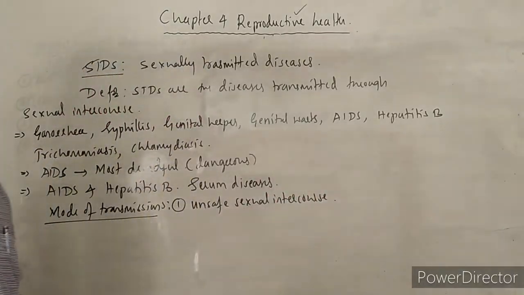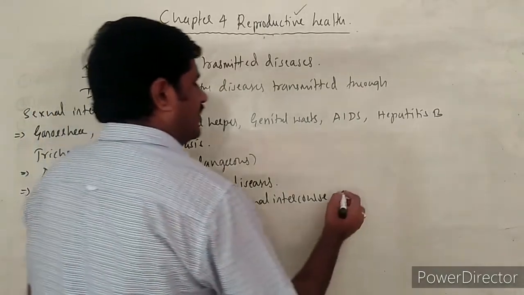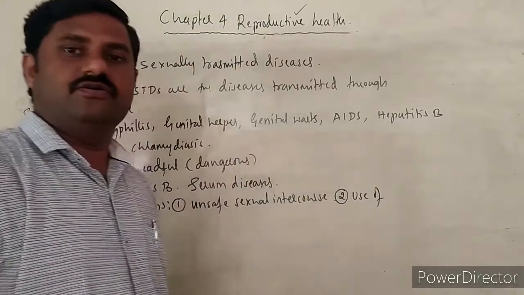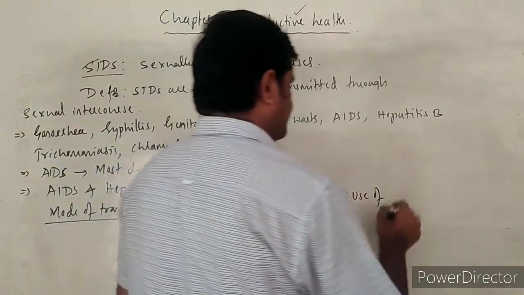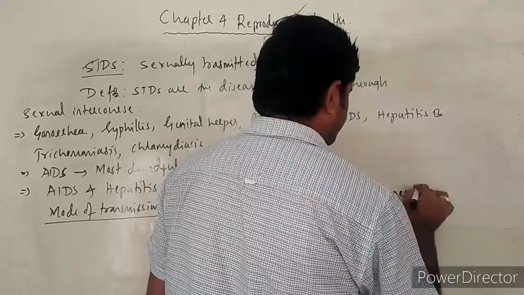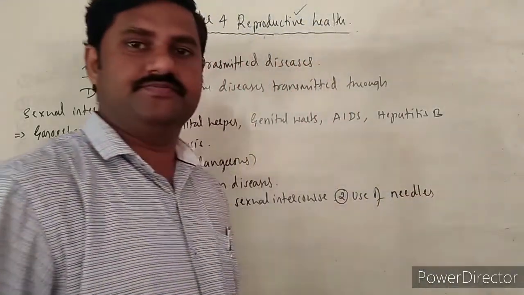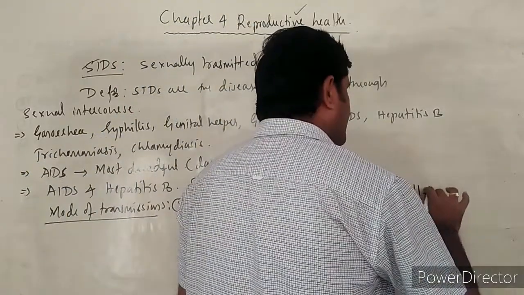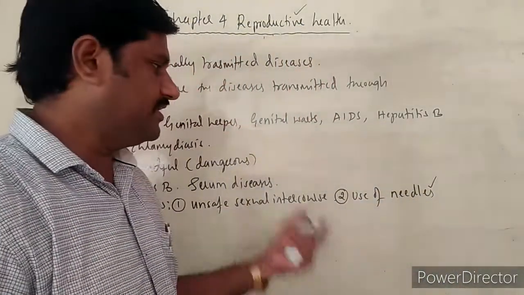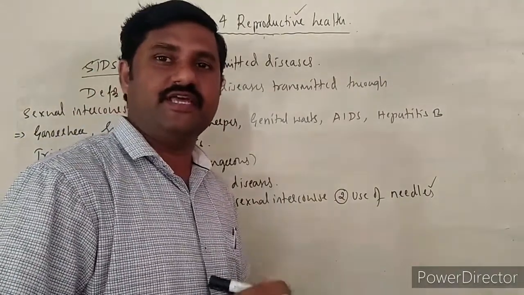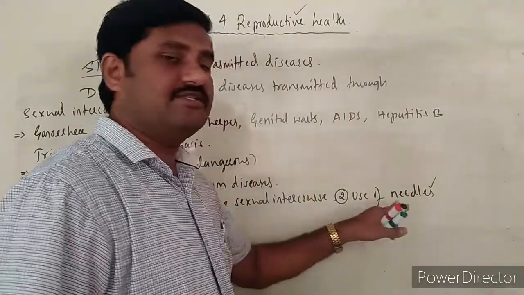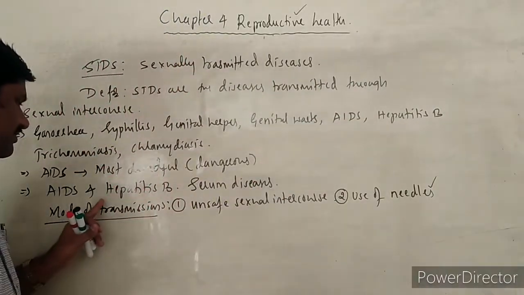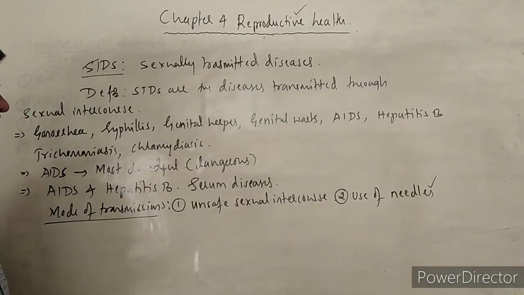The second one is use of syringe needles from the infected person, right? Infected needles of the syringe are used by drug abusers, so that way there is a possibility of transmission of these diseases. They are nothing but hepatitis B as well as AIDS itself.